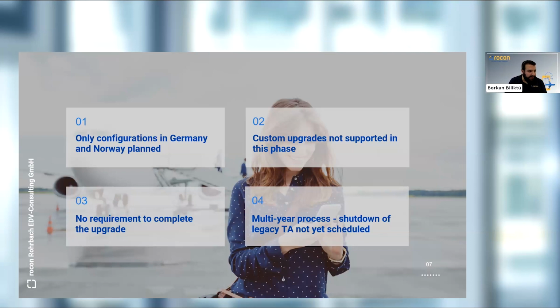It's a decision for yourself, because when you like the benefits of the travel allowance service, then it makes sense, right? But you are not required to. And this upgrade topic is a multi-year process, so there's currently no shutdown of the legacy TA scheduled. Therefore, you also don't have any pressure to upgrade in a specific time frame.